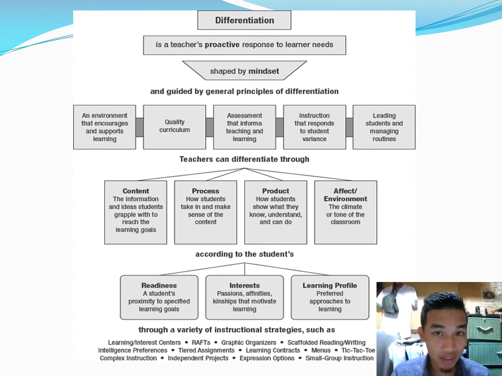From the word differentiation, this is a teacher's proactive response to a learner's needs, which is shaped by mindset. In order to perform differentiated instruction, we need an environment that encourages and supports learning, a quality curriculum, assessment that informs teaching and learning, instruction that responds to students' variance or needs, and leading students and managing routines.